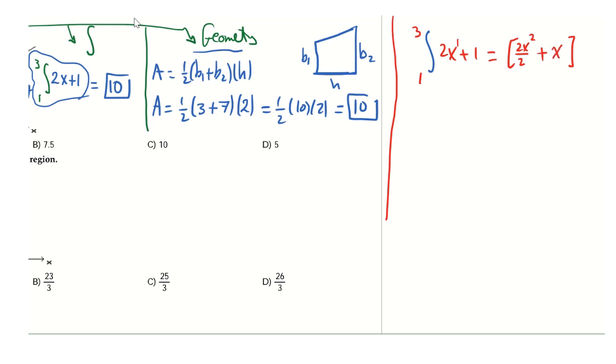And that is going to be 2x squared over 2, which can be simplified to x squared, after cancelling the 2, plus x.